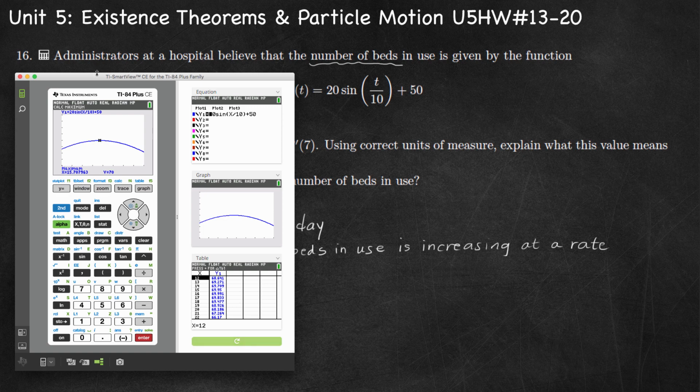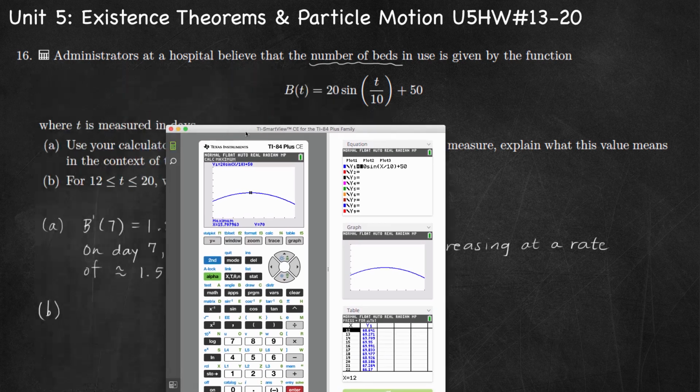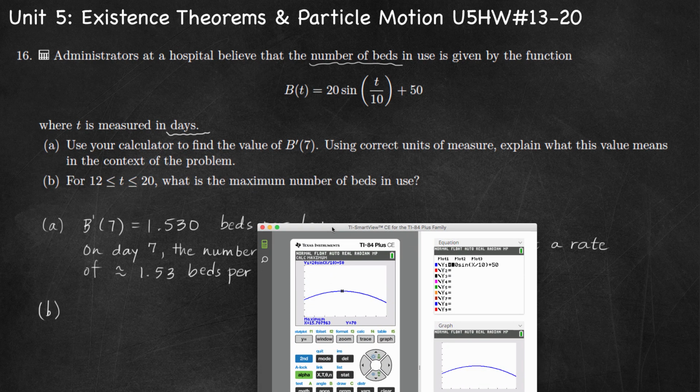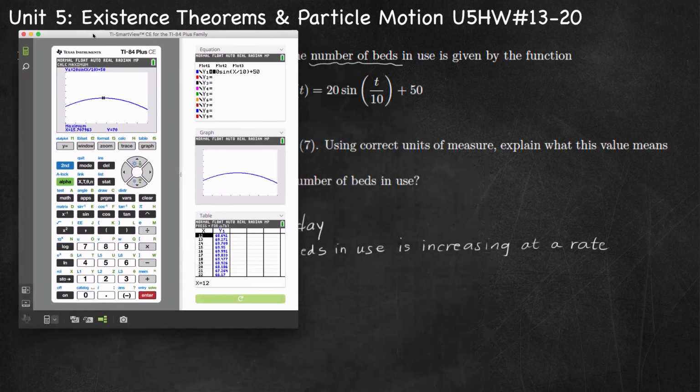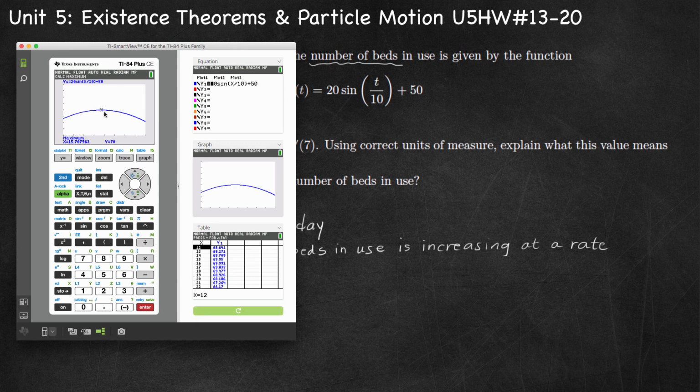So look back at the question to see if they were really asking you to find the x value or the y value. It says, what is the maximum number of beds? That's the y value. So in this case, that would be 70.